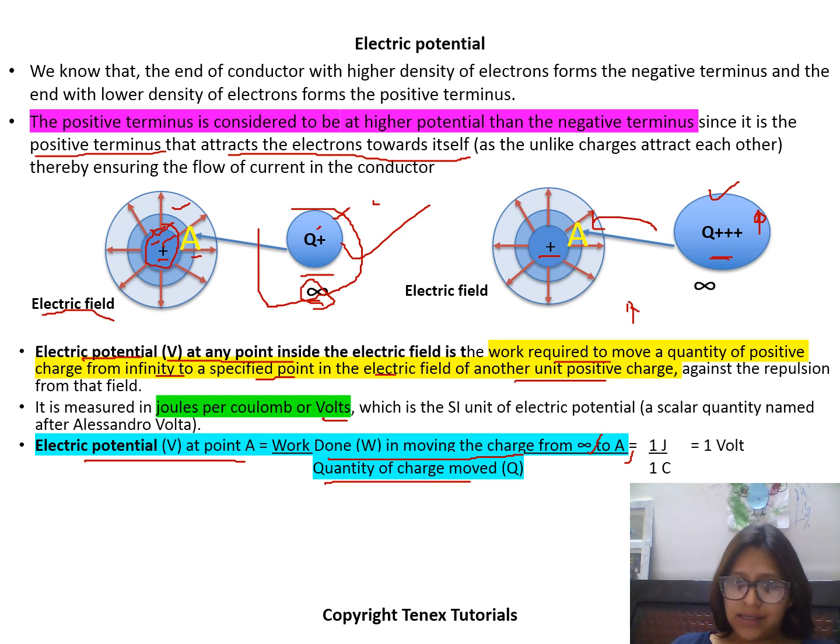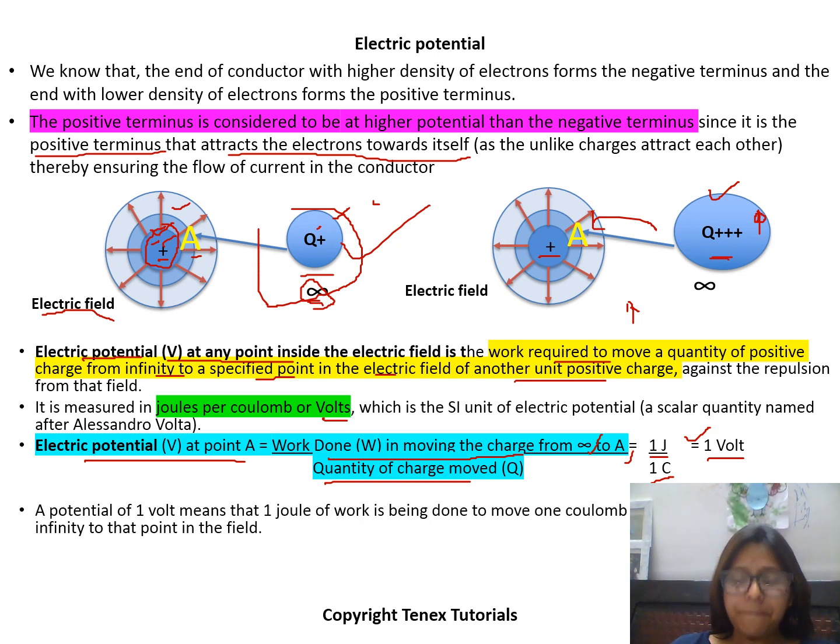So it is essentially equal to work done upon quantity of charge. We know that work done is calculated in terms of joules, so the unit is the same as energy. Then this has to be divided by the quantity of charge, and the unit of quantity of charge is 1 coulomb. So 1 joule per coulomb, or 1 joule divided by 1 coulomb, is equal to 1 volt. So this is the unit of electrical potential.